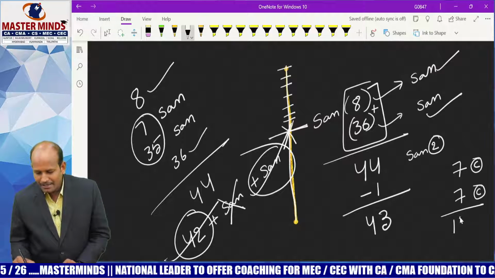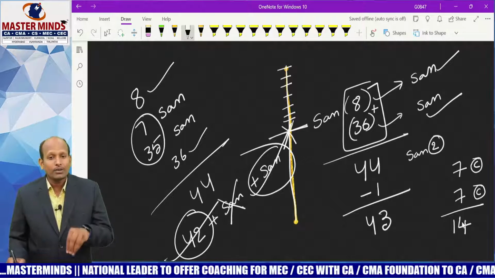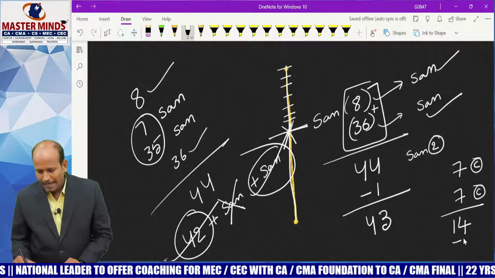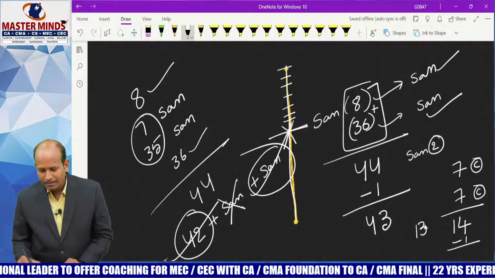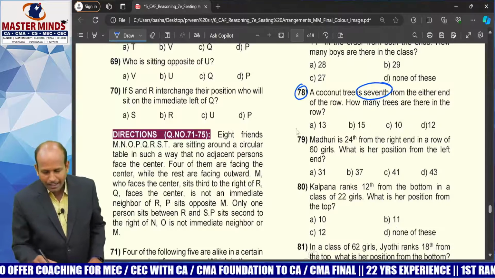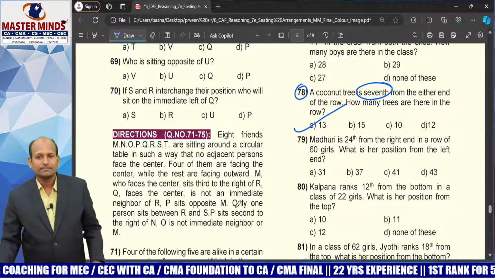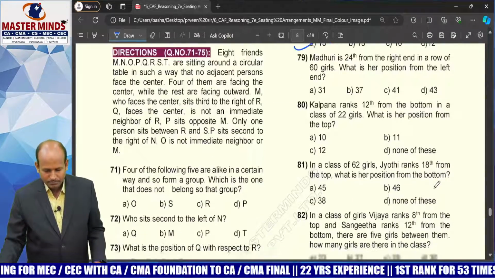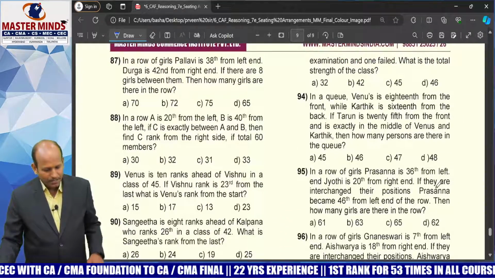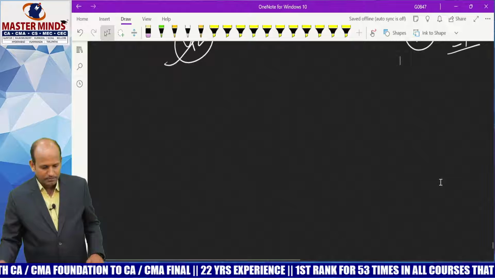That means in 7 plus 7, 14, we included that same coconut tree 2 times. If you subtract the extra 1 time, you get the exact total. There are 13 coconut trees. So let me take another example of ranking questions.